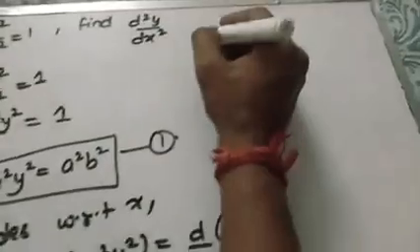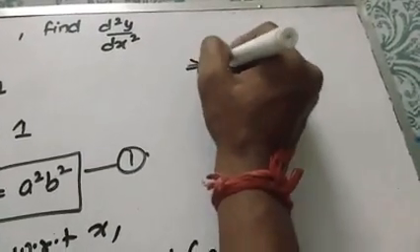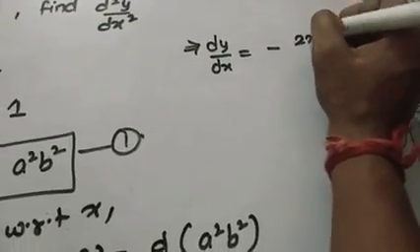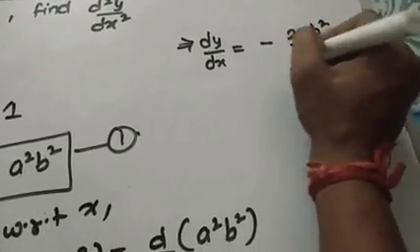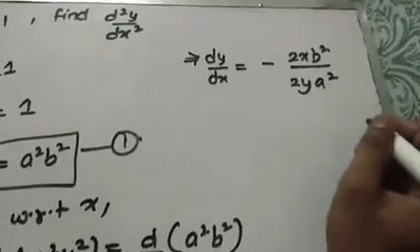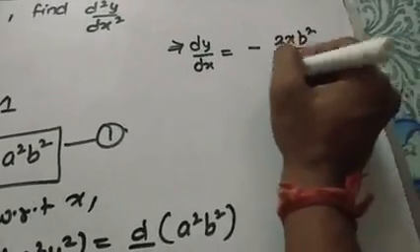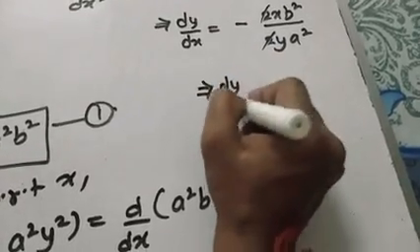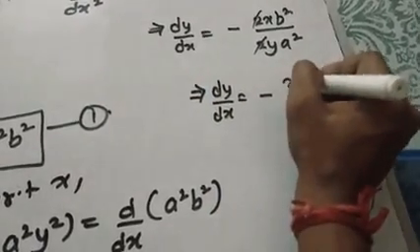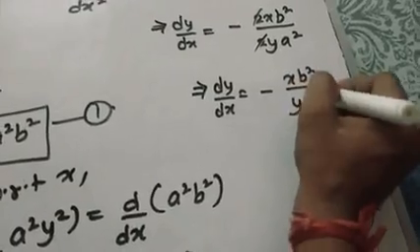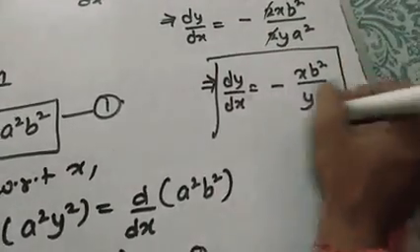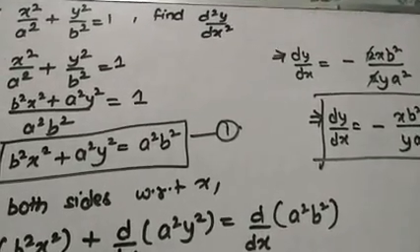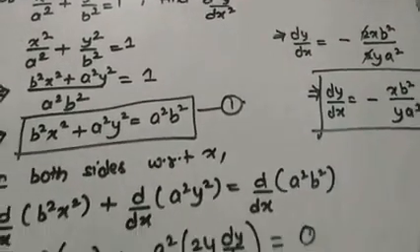So finally dy by dx equals to minus 2x b square by 2y a square. Now 2 cancel, so our dy by dx is minus x b square by y a square. Okay, so we got our dy by dx. Now we will further differentiate and we will get our d2y by dx2.